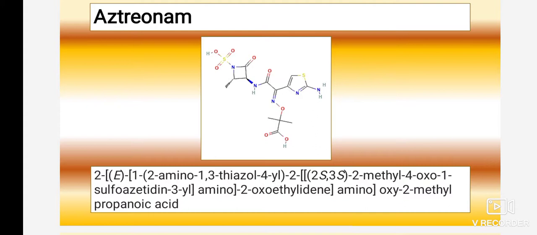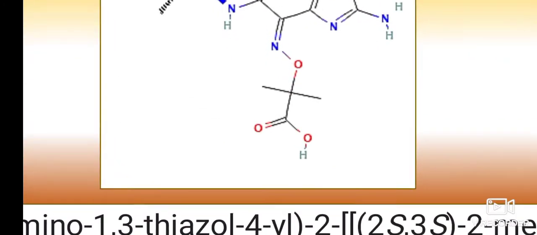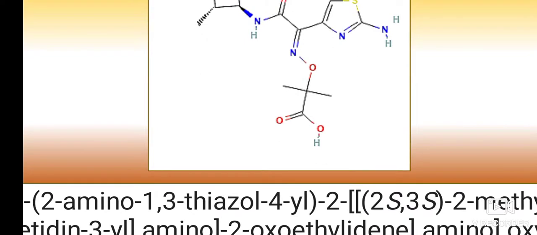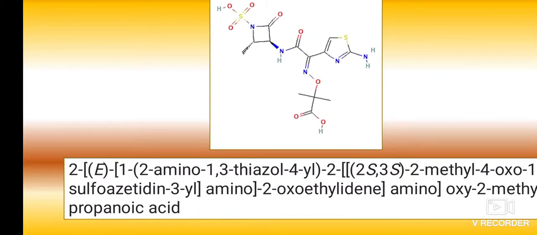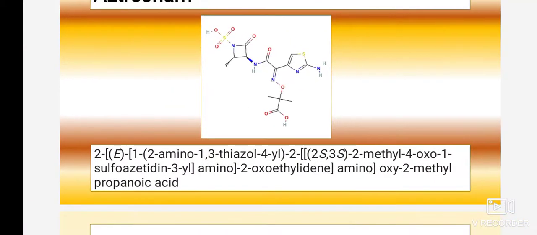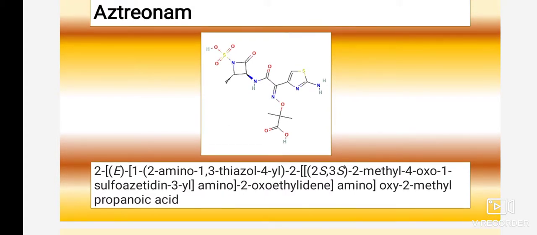And at that second position there is a methyl group. So it is 2-methylpropanoic acid, a chain made up of 3 carbon atoms, attached to the oxygen. So oxy-2-methylpropanoic acid. So this is the nomenclature for aztreonam.